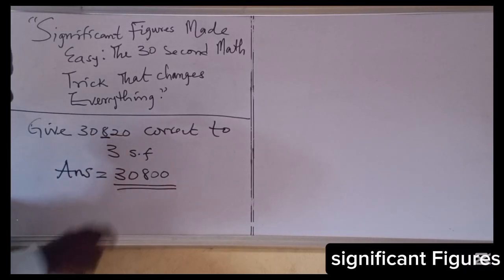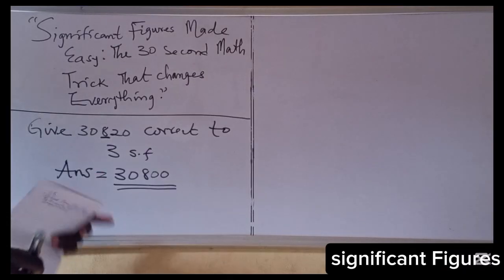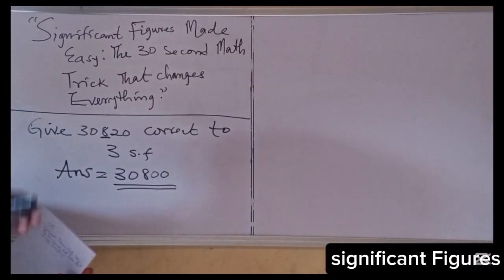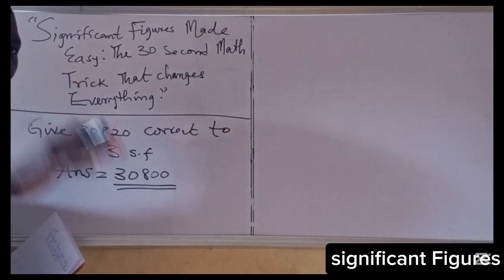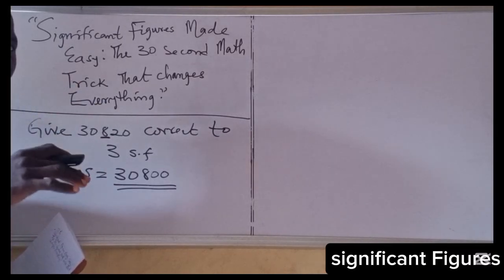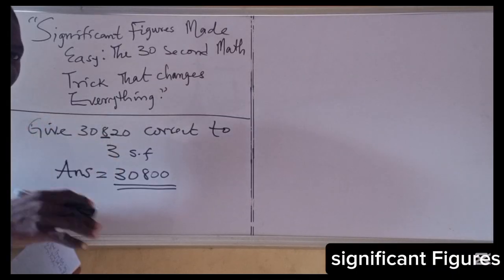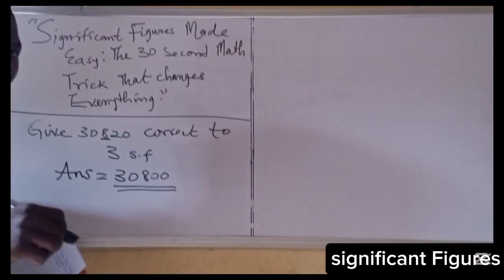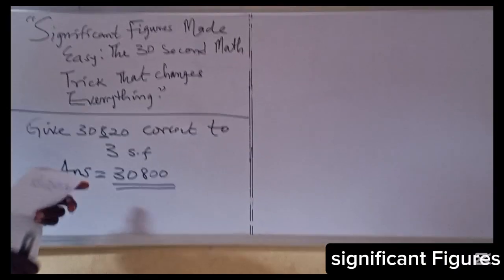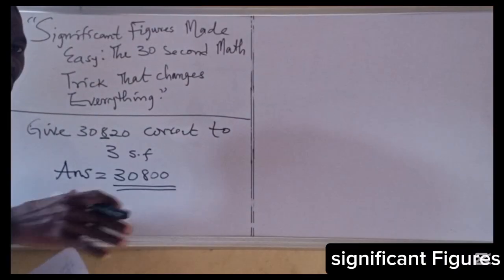So that is the answer for that. Do you understand it? I will give more examples so that you get how to correct a number to one significant figure, two significant figures, three significant figures, and so on and so forth.